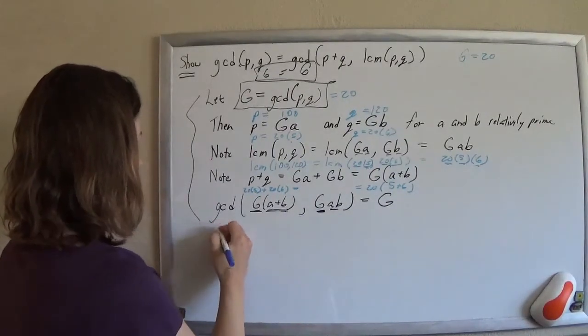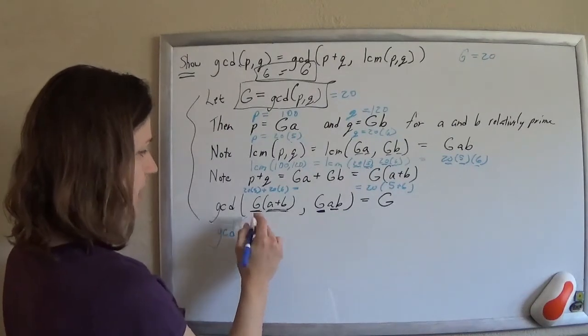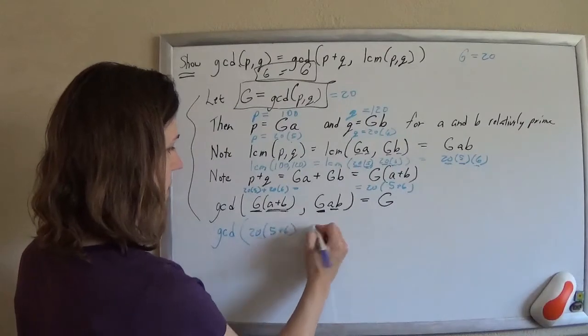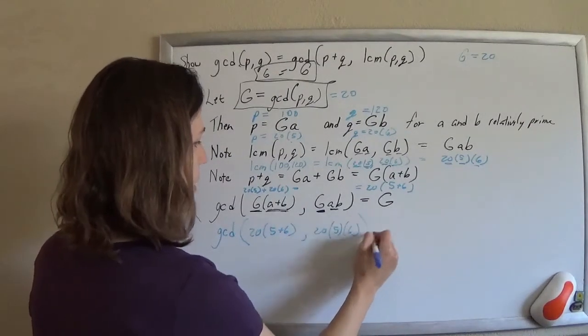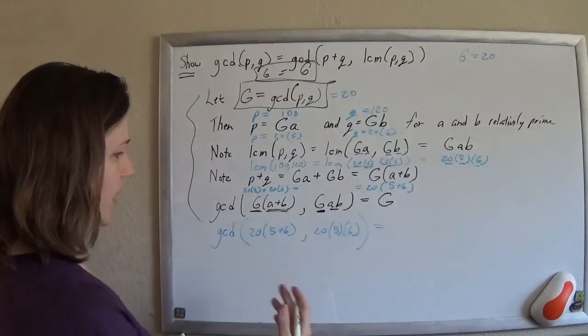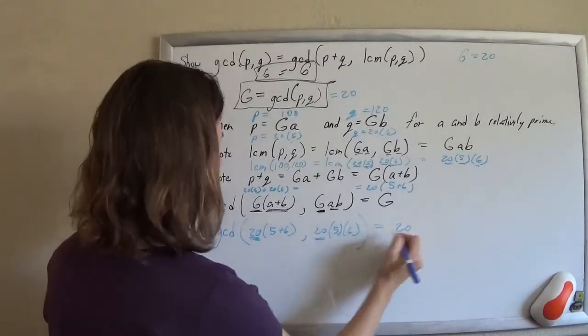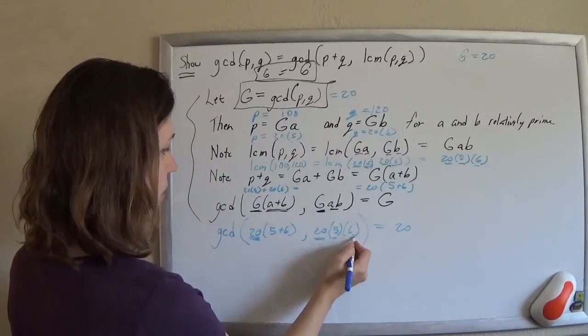Okay, so now when I get down to here, the GCD of 20 times 5 plus 6 and 20 times 5 times 6, when I make that greatest common factor, the factors that these have in common are the 20, and they don't have a 5 in common, and they don't have a 6 in common.